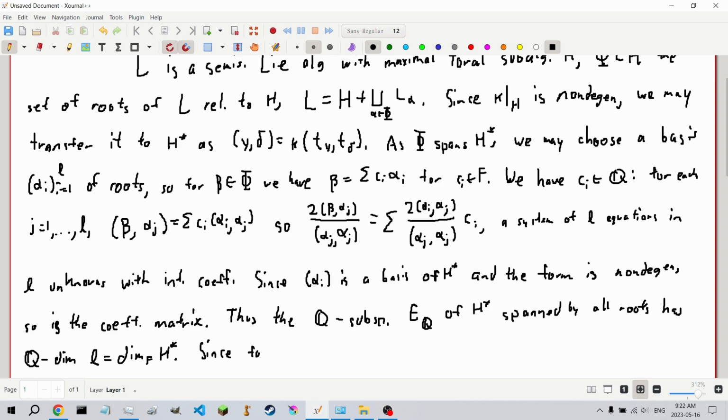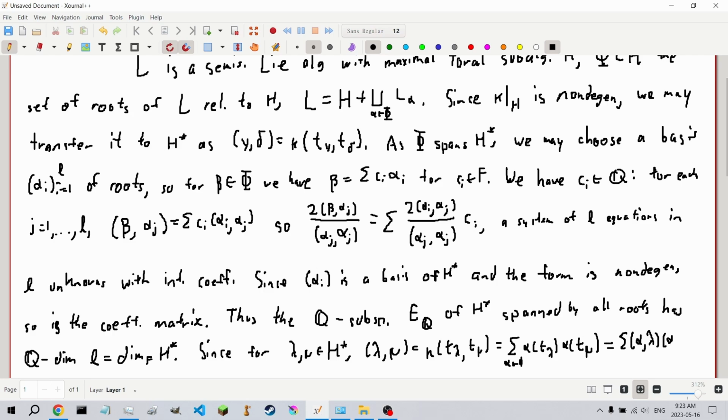Since for lambda and mu in H star, the form of lambda and mu is equal to the Killing form of T lambda and T mu, which is the sum over our roots alpha of alpha of T lambda times alpha of T mu, which is the sum of the forms of alpha with lambda and alpha with mu.